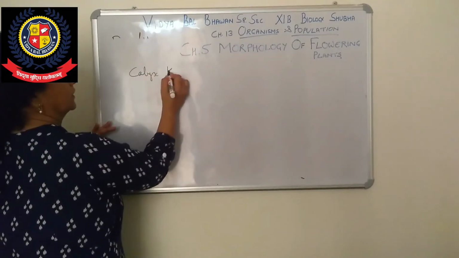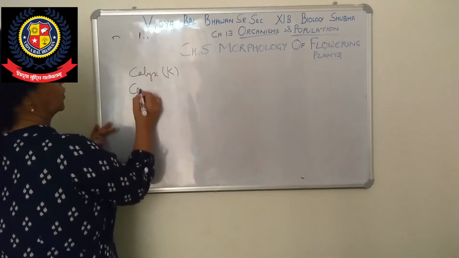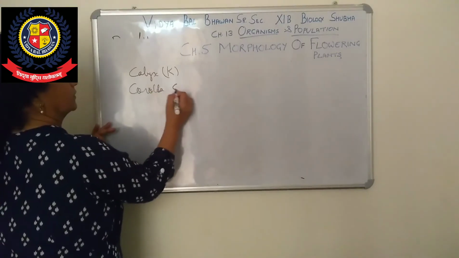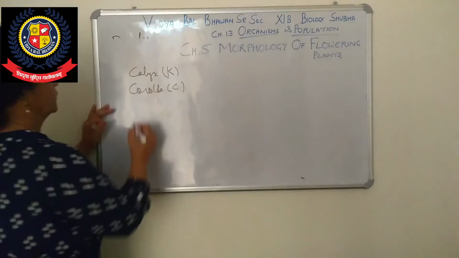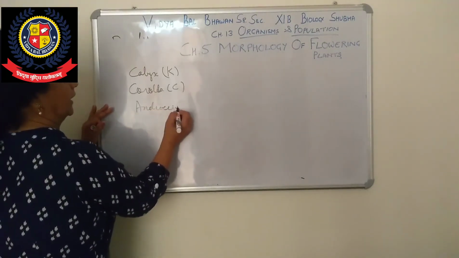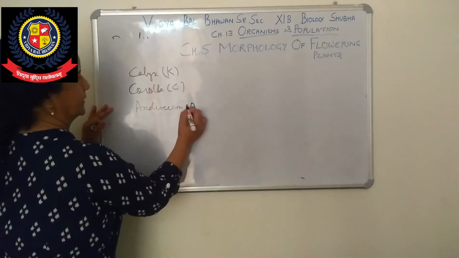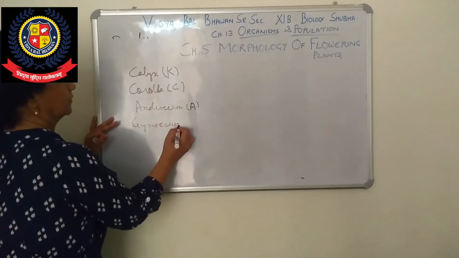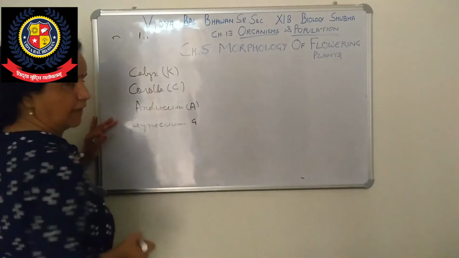K. For the corolla, what are we writing here? C. For the androecium we write A, and for the gynoecium we write G, right?